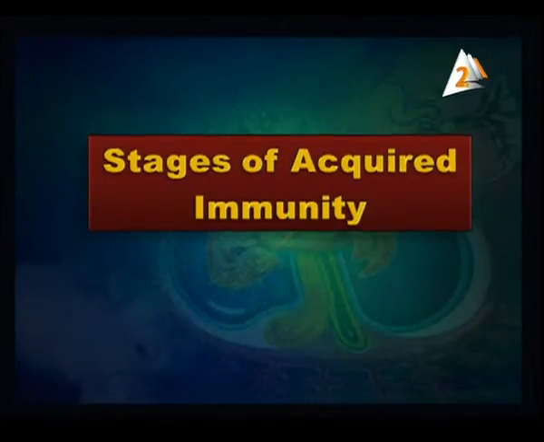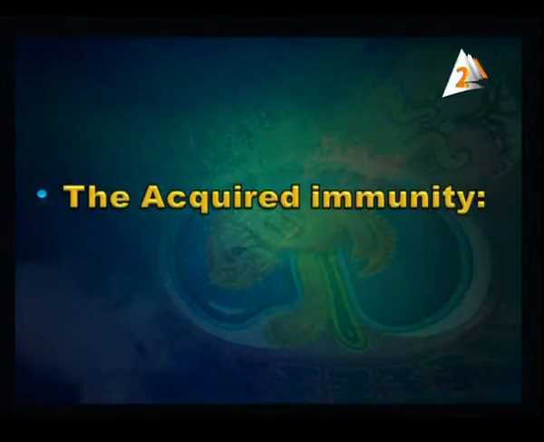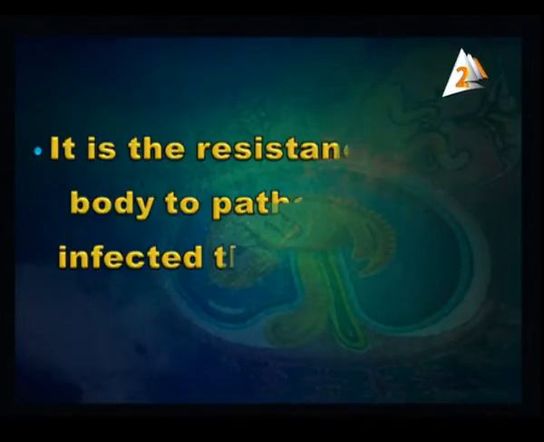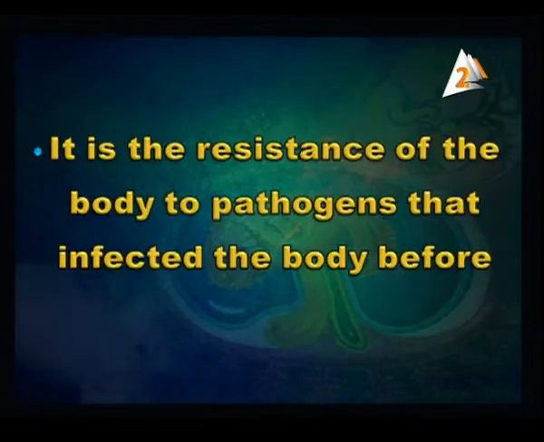Then what are the stages of acquired immunity? There are 2 stages for the acquired immunity. Then what is meant by acquired immunity another time? It is the resistance of the body to pathogens that infected the body before.